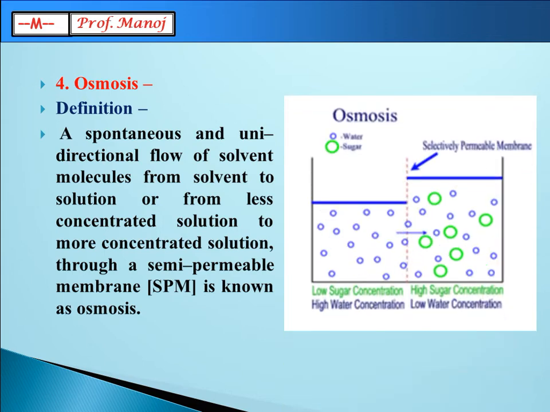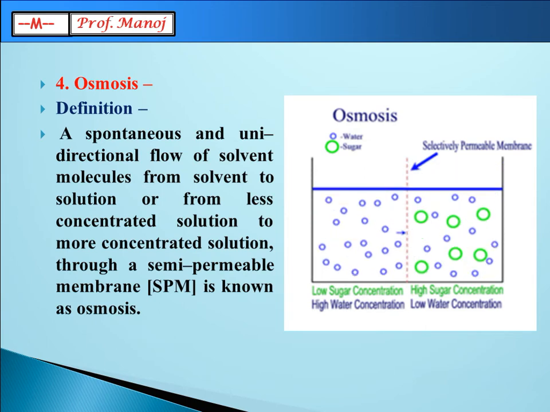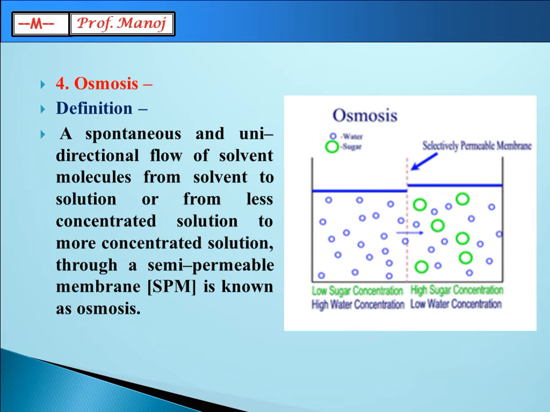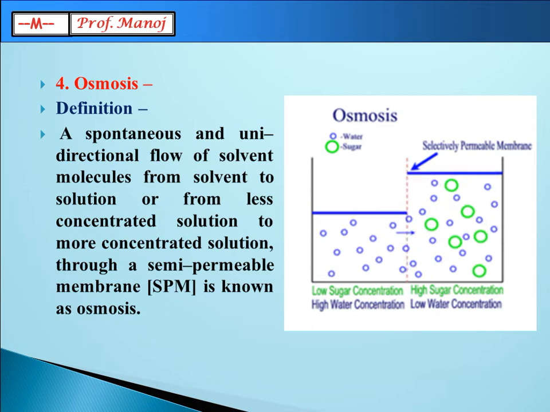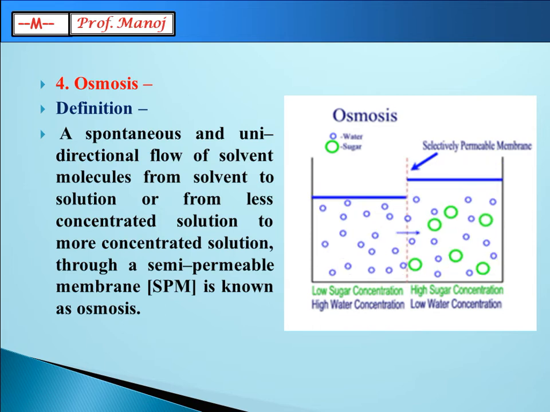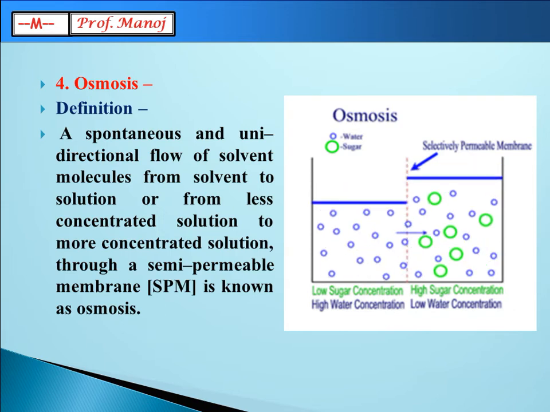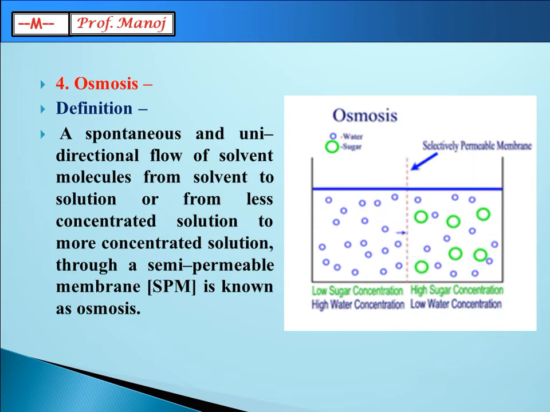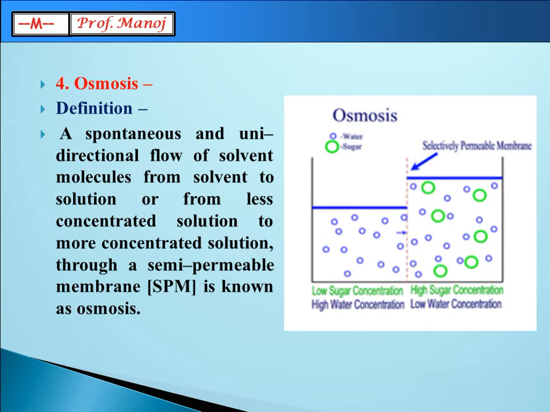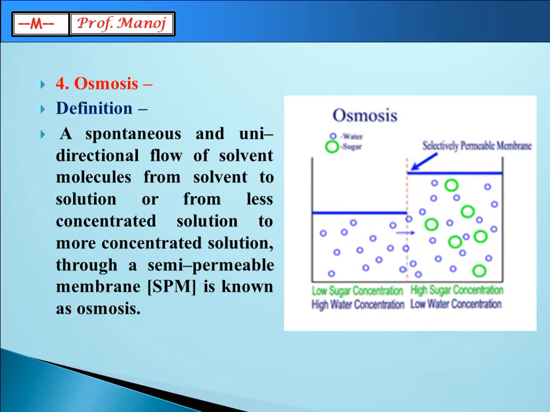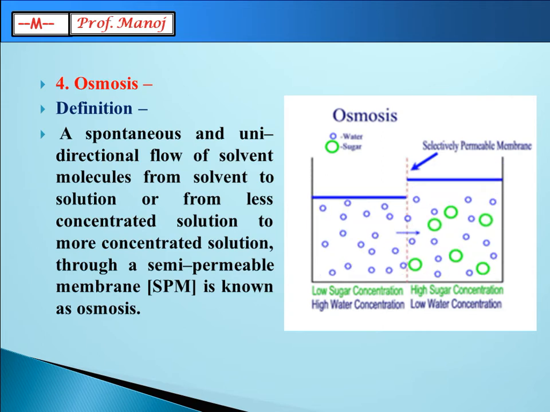Let us see a very simple animation here. You can see on the left compartment there is low sugar concentration or high water concentration. On right hand side we have taken high sugar concentration. So in terms of sugar, it is dilute solution on the left hand side, right hand side it is concentrated.